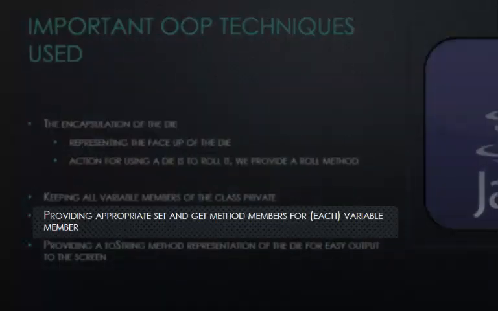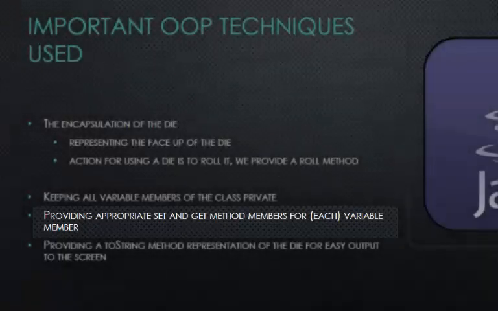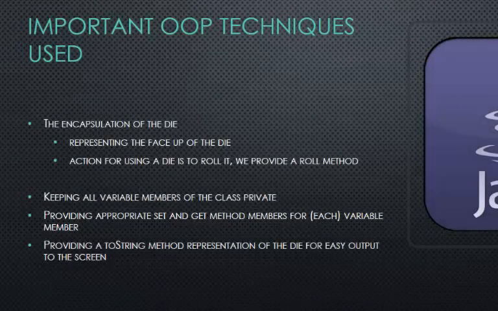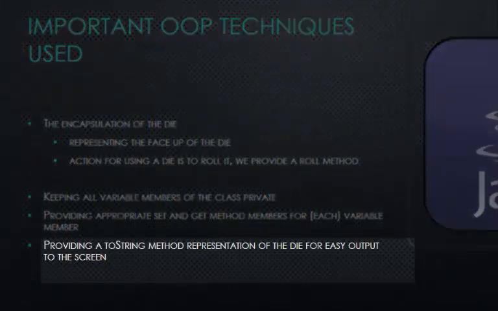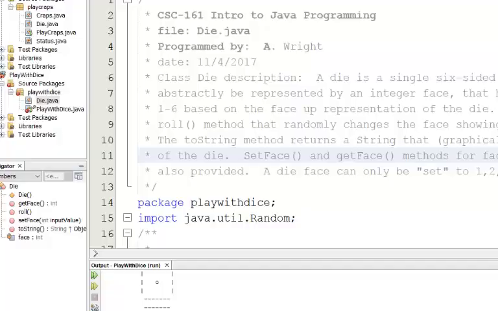We will provide appropriate set and get methods for member face, and that allows the other parts of the program that need to use the face of the die to access it, but only through the methods we provide. The toString method will provide a string representation of the face of the die for easy output to the screen. Here is our sample code.